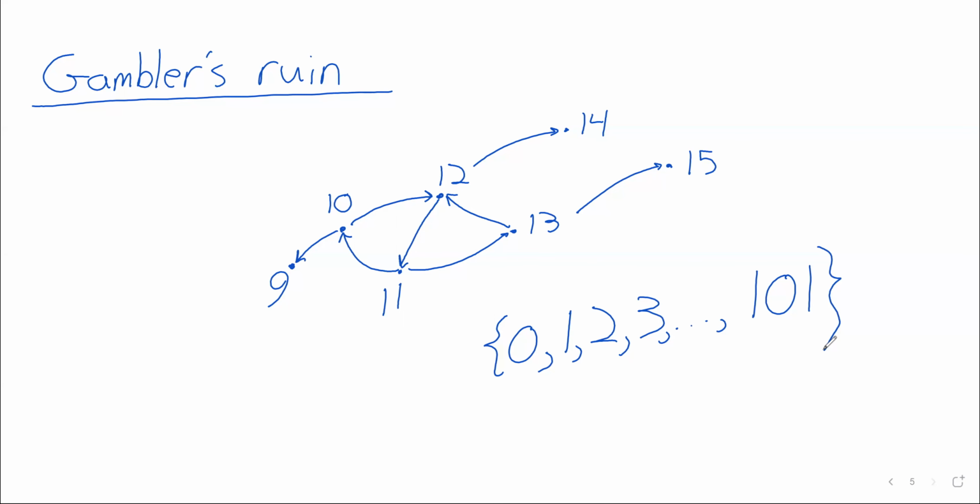So here's a pretty classic example of gambler's ruin. In fact, probability as a field was developed by gamblers.